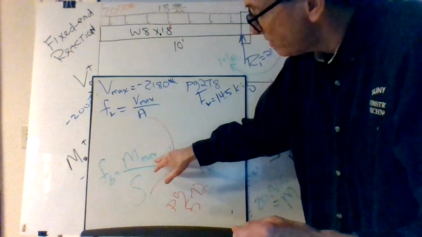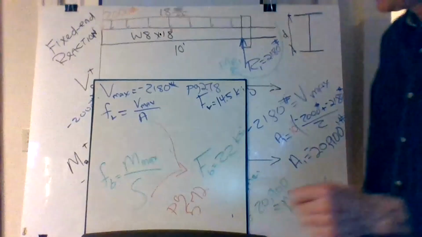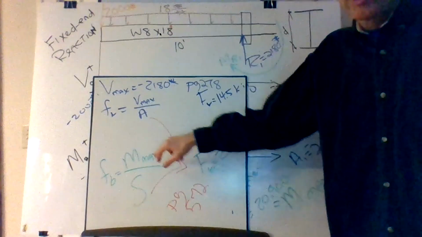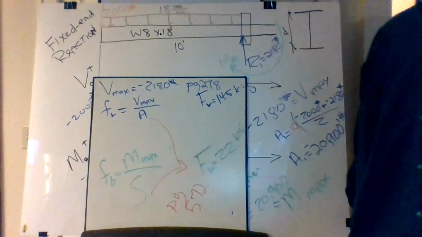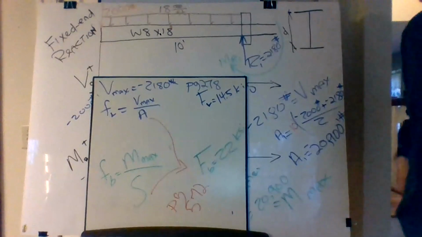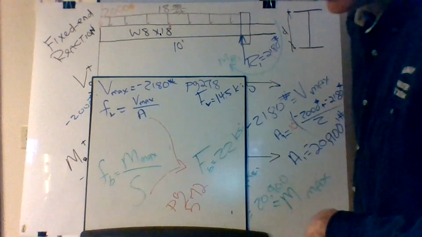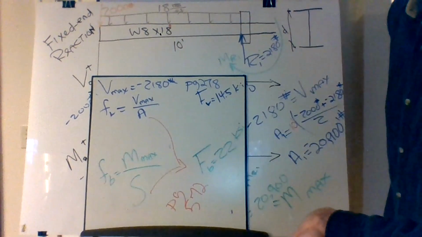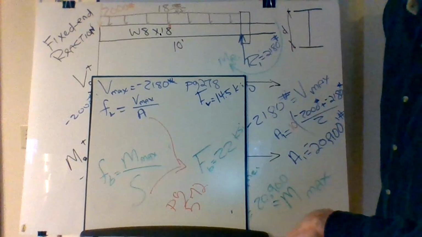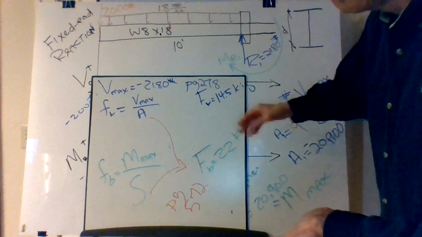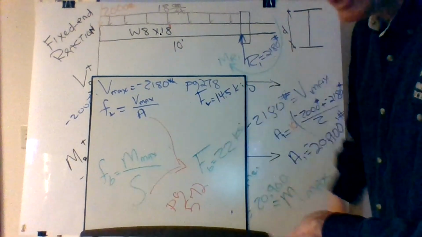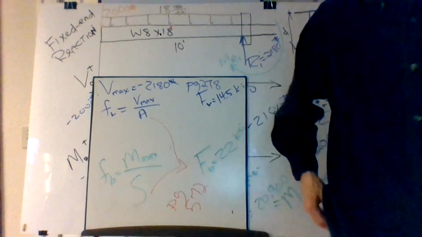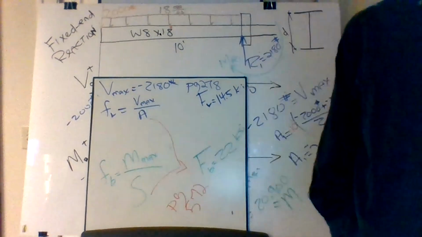And then the Mmax, and I showed you the section modulus. But Mmax has to be converted to inch pounds from foot pounds. And that tests the golden rule. Are your actual stresses less than what's allowed based on the type of material that you're using? And we're really starting to close the loop.